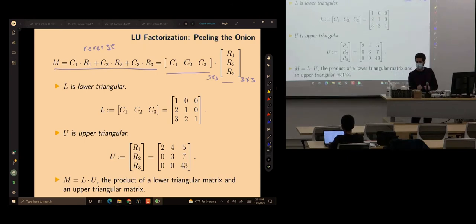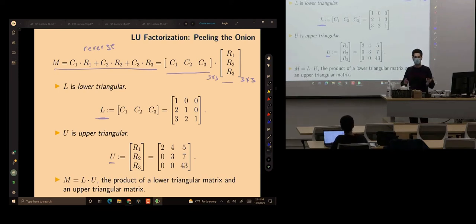You got C1 and R1. Then we could repeat that for the second column divided by the second diagonal and the second row. You get C2 and R2. Because we are zeroing out at every step, we observe that stacking columns leads to a lower triangular matrix, and stacking rows leads to an upper triangular matrix, purely because of this peeling the onion process, because we zero out rows and columns as we move forward.